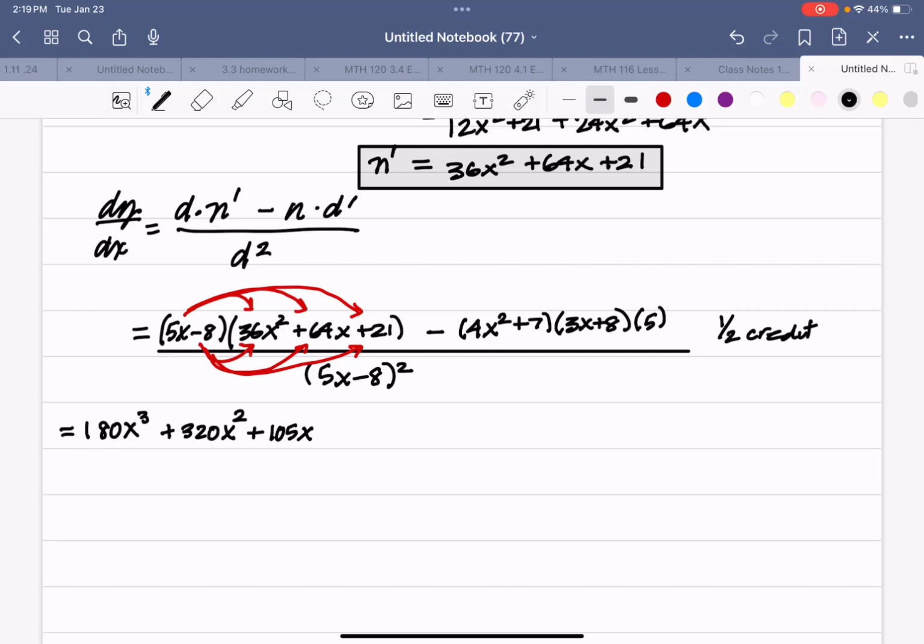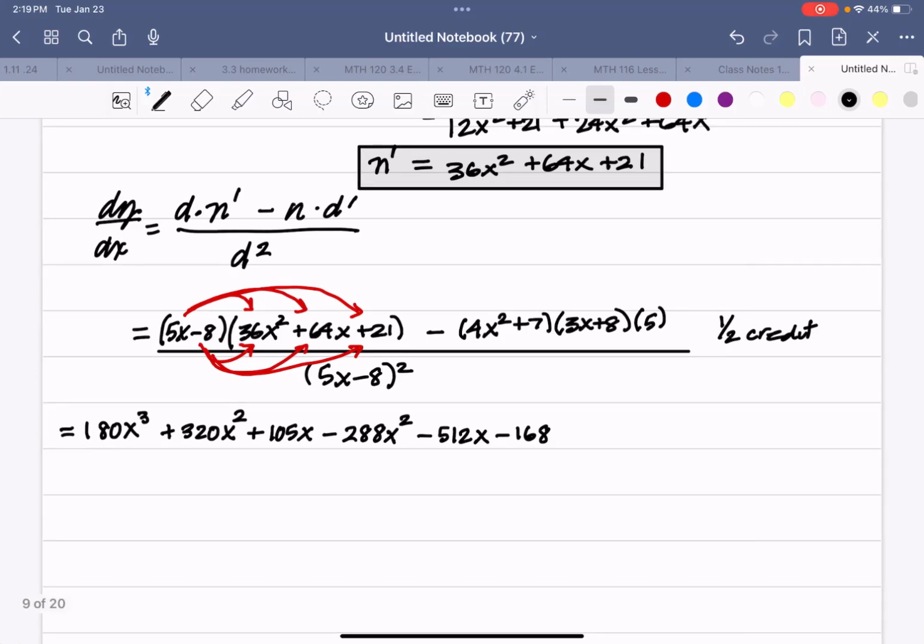Now I'm going to take the minus 8 through. Minus 8 times 36x squared is minus 288 x squared. And then minus 8 times 64x is minus 512x. And then minus 8 times 21 is minus 168.